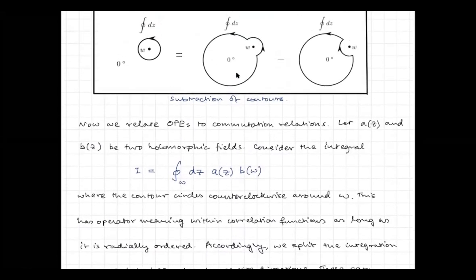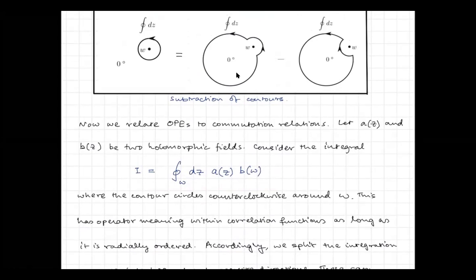So let me again just briefly remind you of what this is. If we had an integral of the form dz a(z) b(omega), where this contour circles anti-clockwise around omega, this particular thing has operator meaning as long as it's radially ordered.